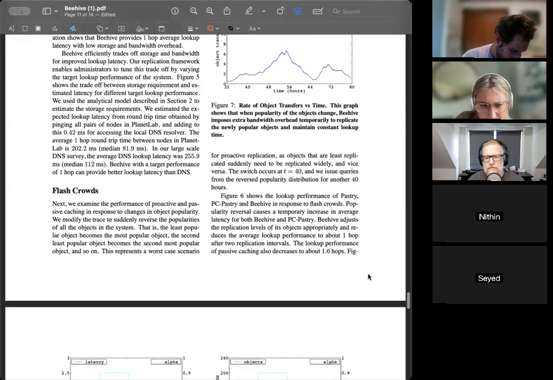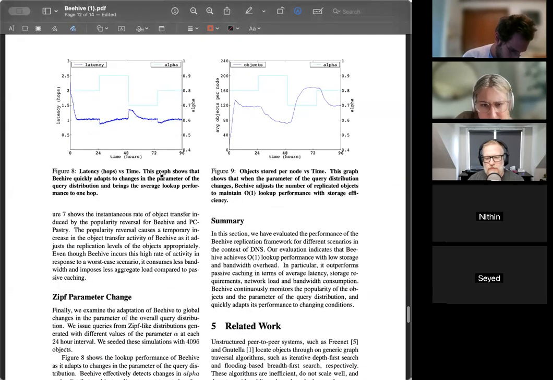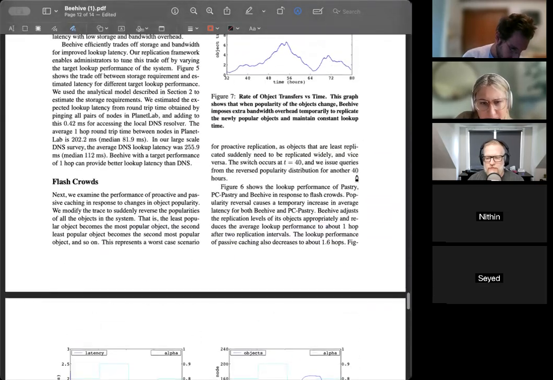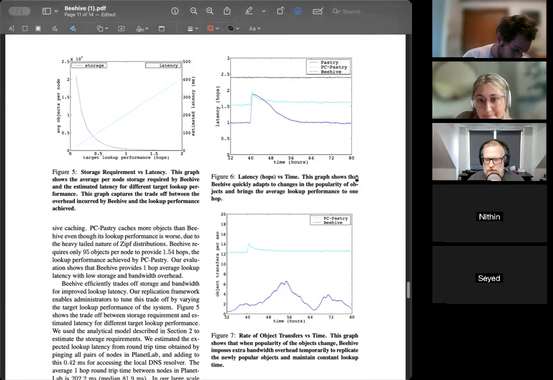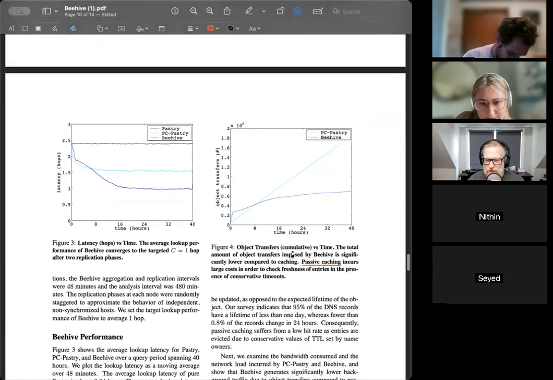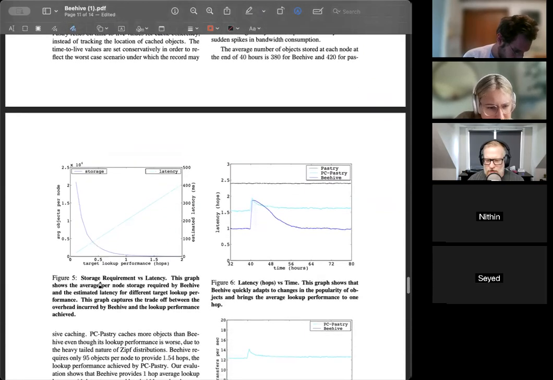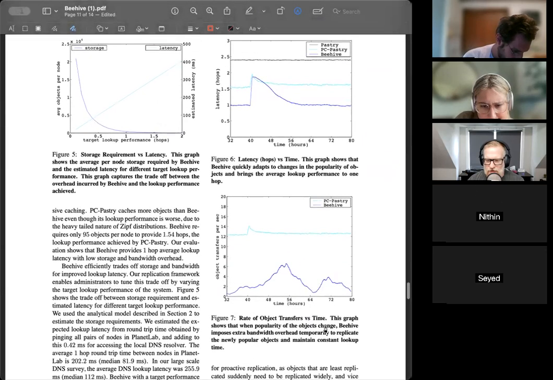I think that's in one of these graphs, storage requirements versus latency hops. Extra bandwidth overhead temporarily to replicate, and then you don't have to chat after. So Beehive is this blue line down there versus Pastry.